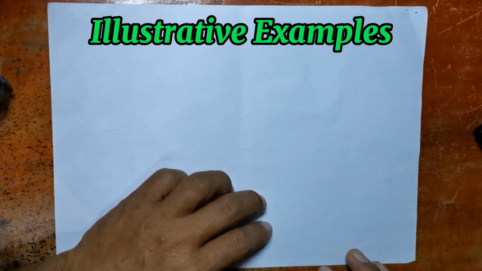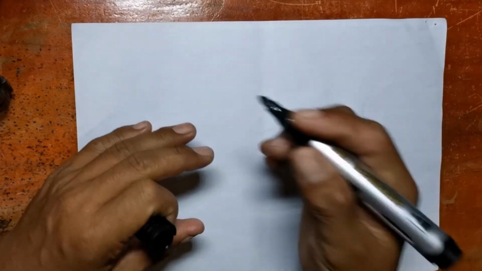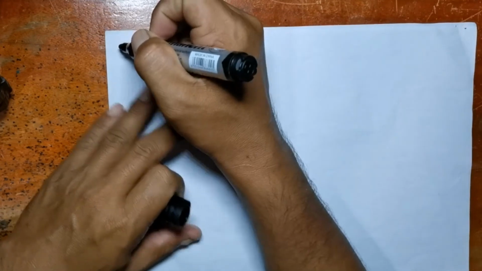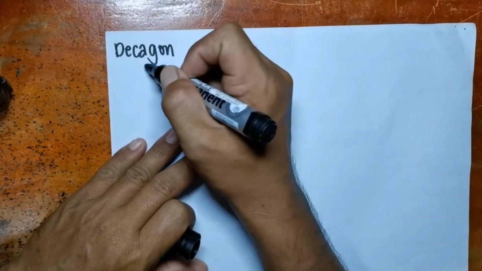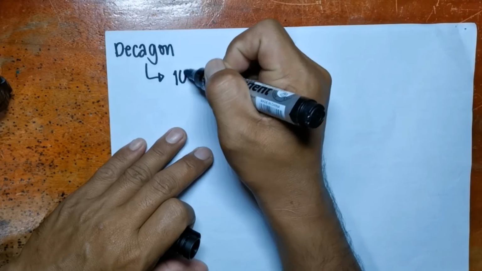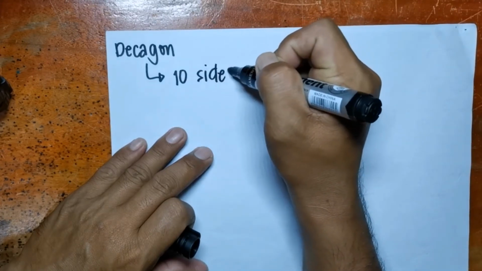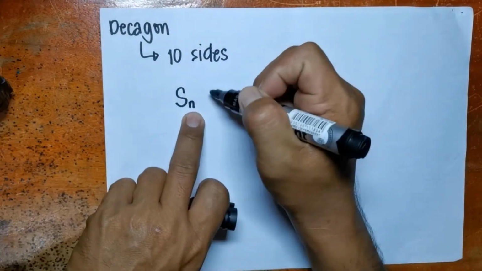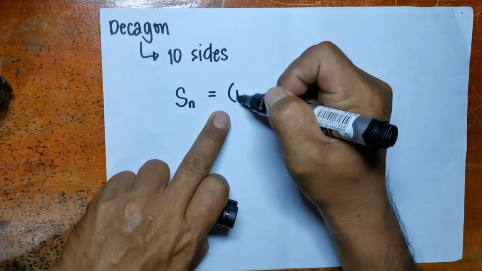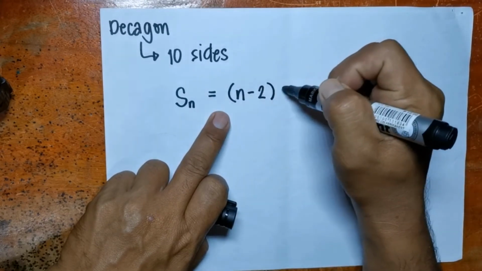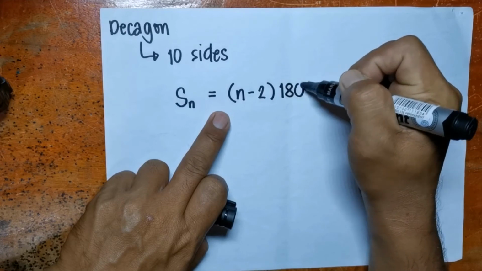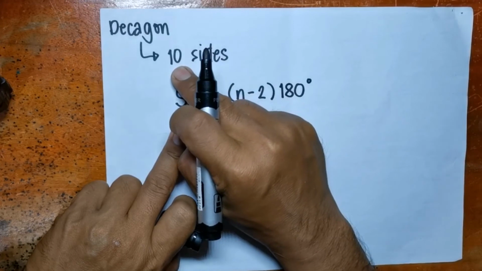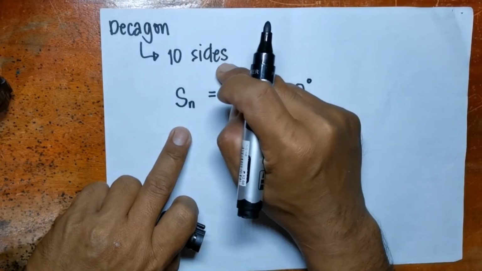Now let us have some illustrative examples. Say, what is the sum of all the interior angles of a decagon? So for decagon, a decagon has 10 sides. So we will have the formula S of an n-gon is equal to the number of sides minus 2, the quantity, times 180 degrees. So we are looking for the sum of all the interior angles of a decagon, which has 10 sides.